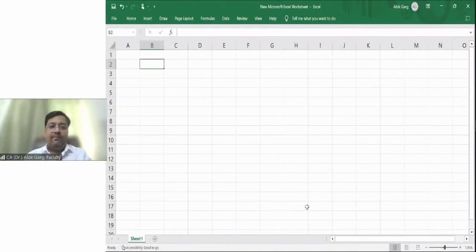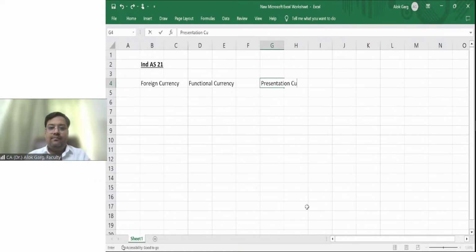In Ind AS 21, guys, we have talked about the objective, the scope, and the 3 currencies: foreign currency, the functional currency, and the presentation currency, right?